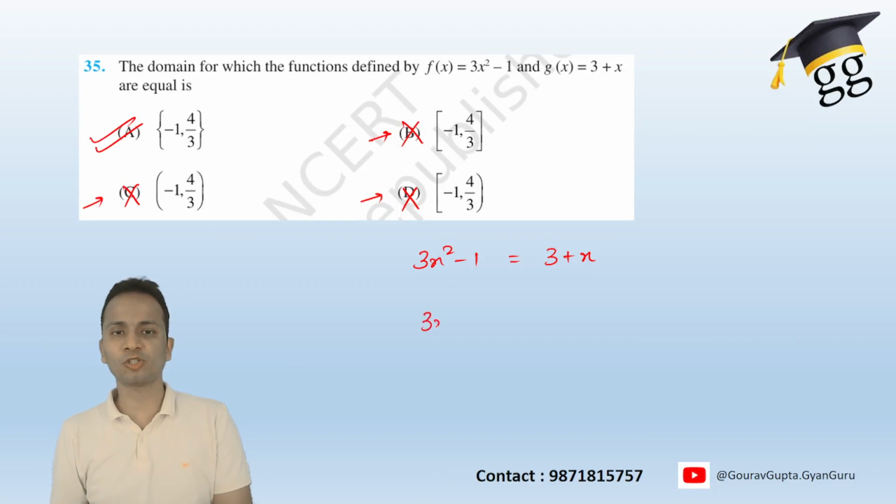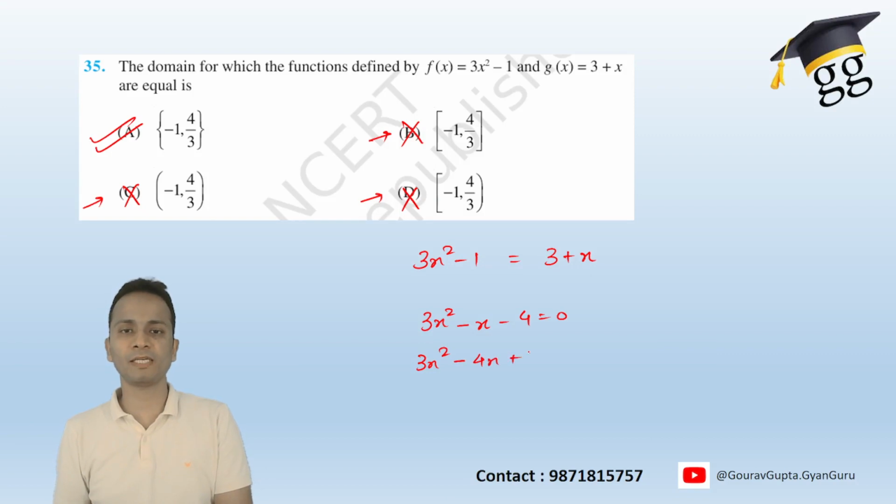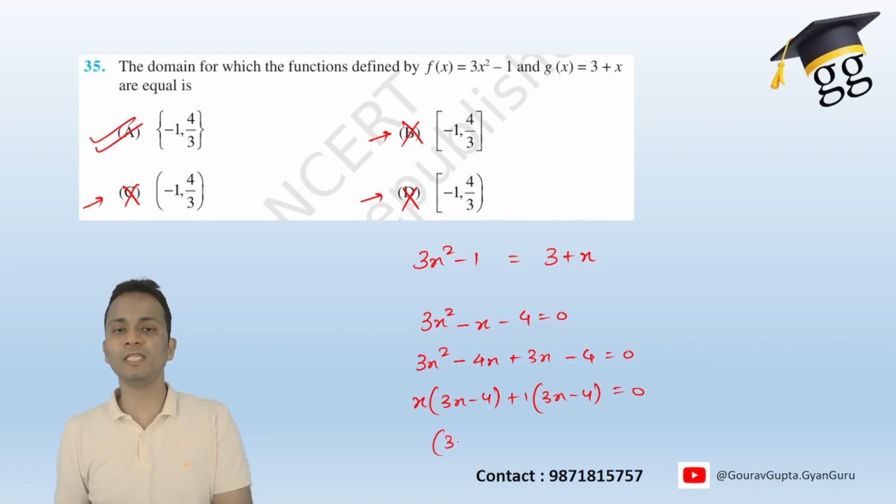Okay. So solving this, 3x square minus x minus 4 equal to 0. And let's split the middle term. So 3x square minus 4x plus 3x minus 4 equal to 0. Right? Factorization करते हैं. So x common लिया. So x times 3x minus 4 and then plus 1 common liya, 3x minus 4 equal to 0. Taking 3x minus 4 common, x plus 1 equal to 0.